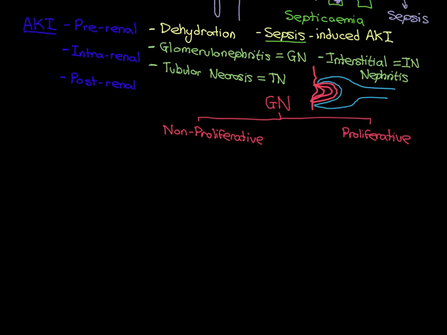So in glomerulonephritis, you're going to get inflammation of the glomerulus, inflammation of the glomerular basement membrane, and inflammation of the Bowman's capsule in many cases as well. Also, be aware that there is a special area of tissue in between the different glomerular capillaries. So you can see we've got a bunch of glomerular capillaries here. There are going to be spaces in between the glomerular capillaries, and also some spaces in between the glomerular capillaries and the surface of the Bowman's capsule here.